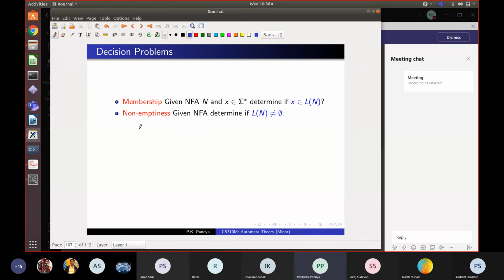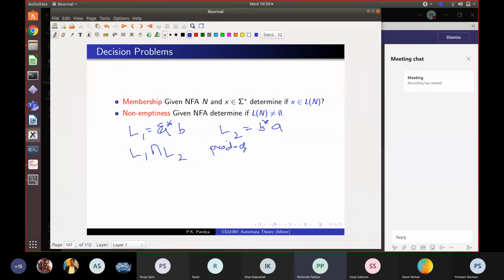So for example, I can have a language L1, which says all words of the form A star B, and I will have another language L2 of the form B star A. And then I say, okay, I have constructed this language L1 intersection L2 by taking the product. So I can easily build an automaton for L1, I can easily build an automaton for L2, and I'm saying both these constraints should be satisfied.